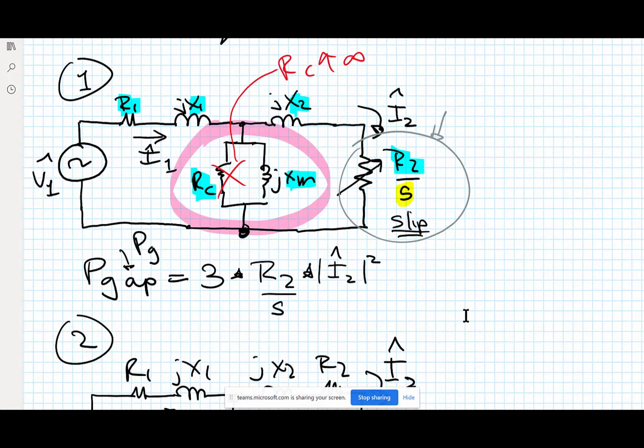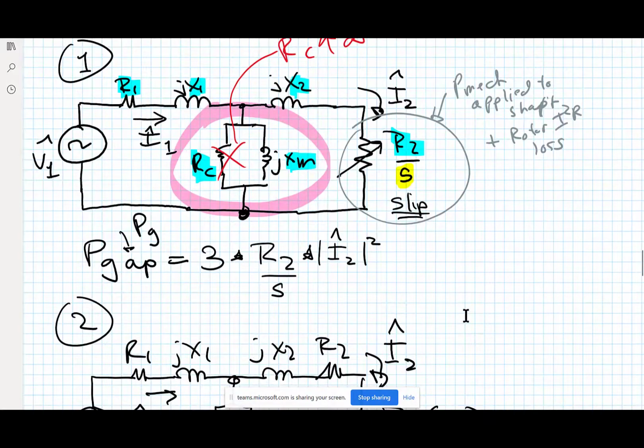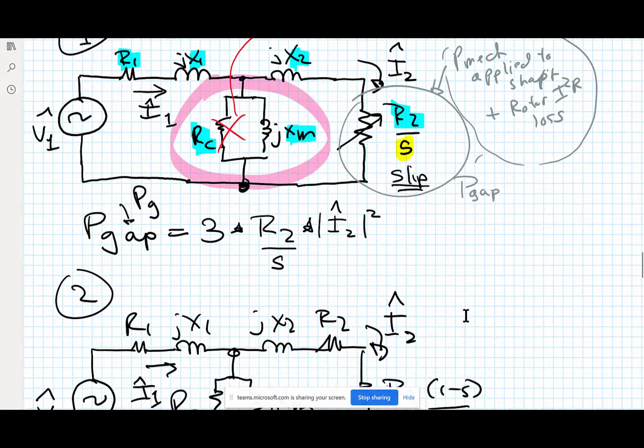This right here represents the P mechanical applied to the shaft, but it also includes the rotor I squared R loss. The two of these things together are the power that we are putting across the gap. It's the power that's going across that air gap. So it's often referred to as P gap, or P sub G.